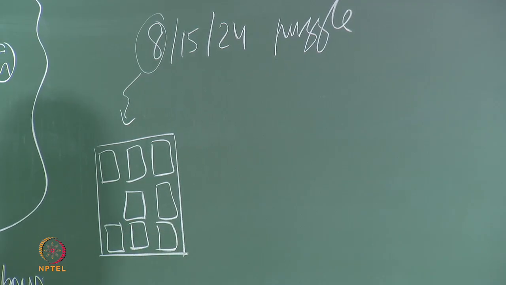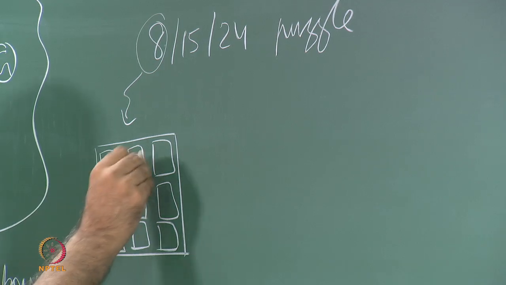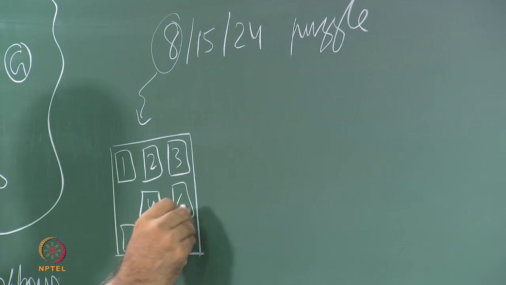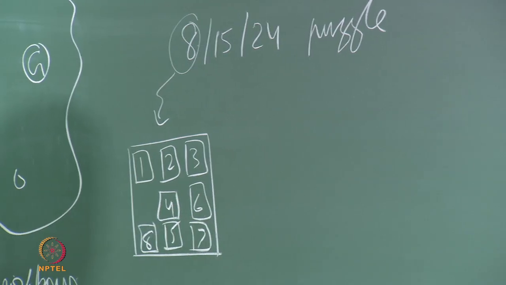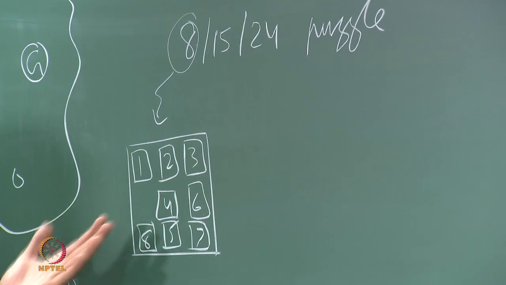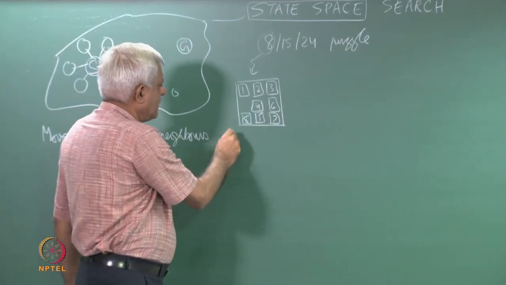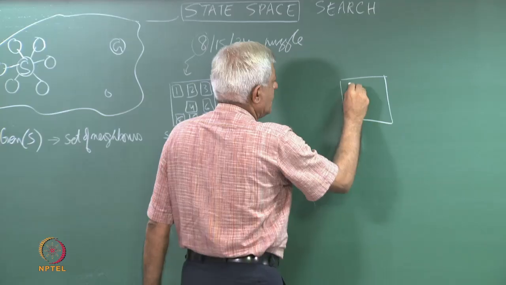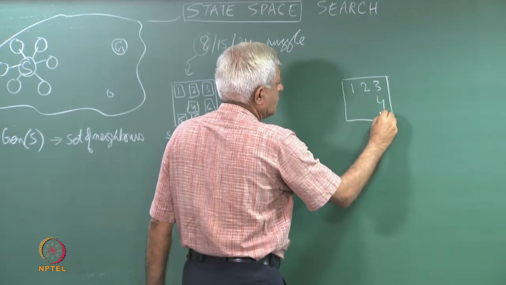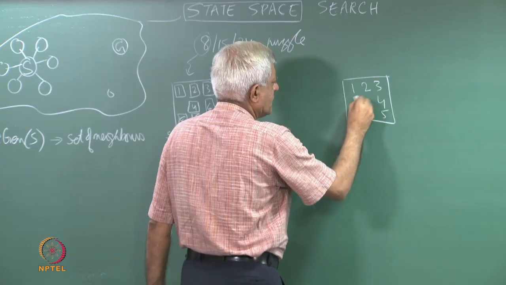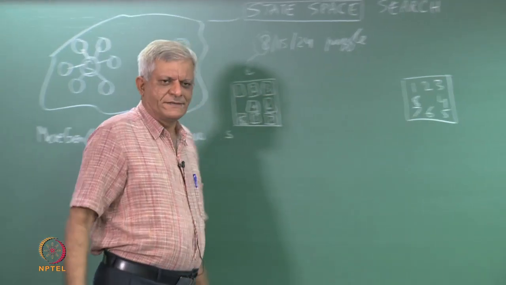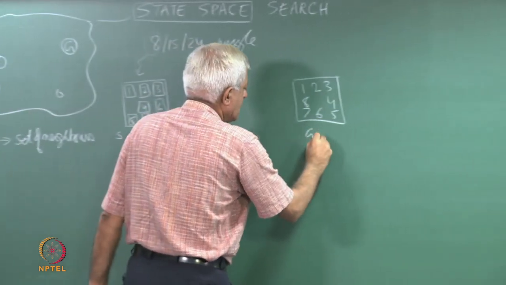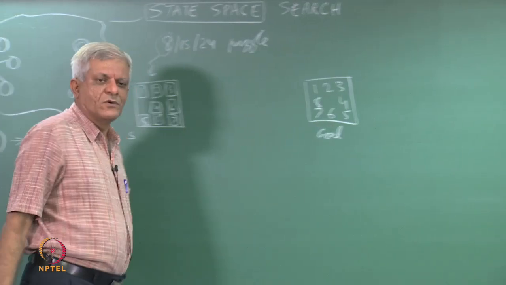And these tiles have labels on them. So, let us say numbers 1, 2, 3, 4, 5, 6, 7, 8, and this is, let us say, the start state, and the goal state could be something like 1, 2, 3, 4, 5, 6, 7, 8. I am not drawing the tiles there, goal state.